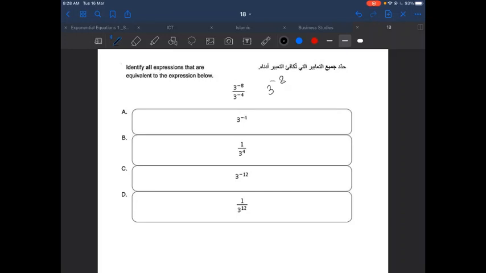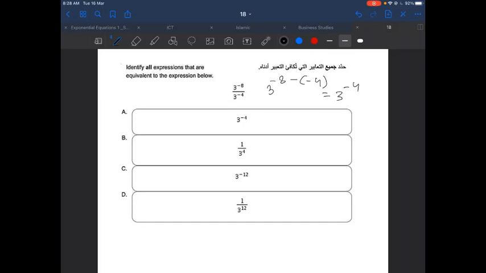So negative 8 minus negative 4 is equal to 3 raised to the power of negative 4, because negative 8 minus negative 4 is negative 8 plus 4, which is negative 4.